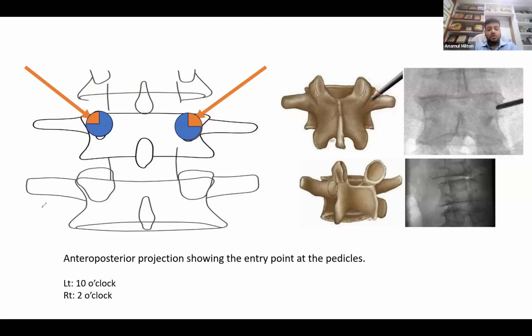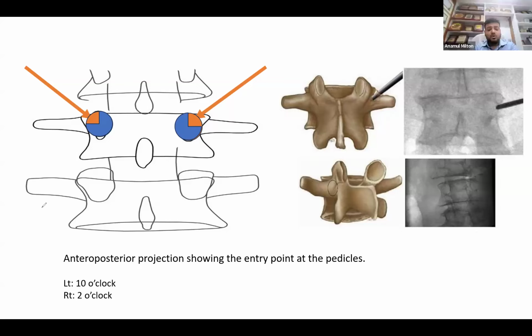Number two, why are we on the lateral side, not in the middle? Because we have to travel from lateral to medial. If we start at the medial part, we have to breach the medial portion of the pedicle. If you breach the medial portion of the pedicle, what happens? Cement leaks from the medial portion, and it causes cord compression.